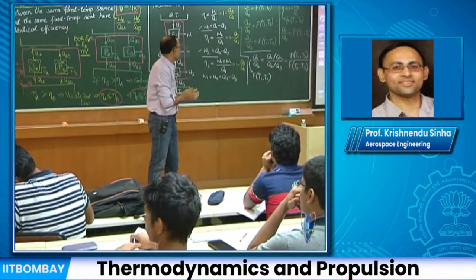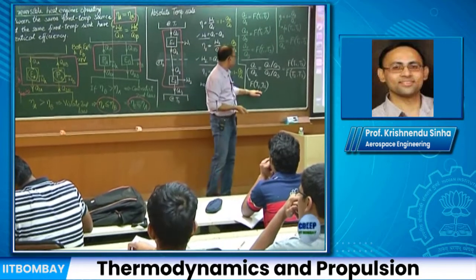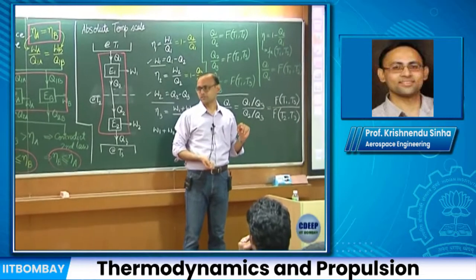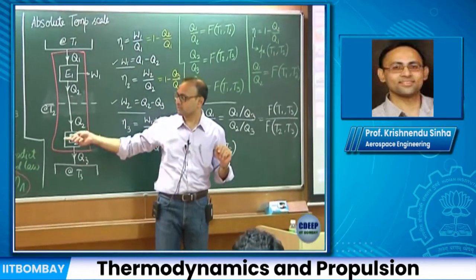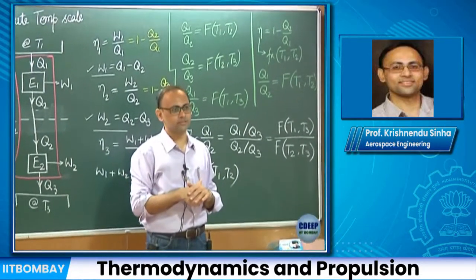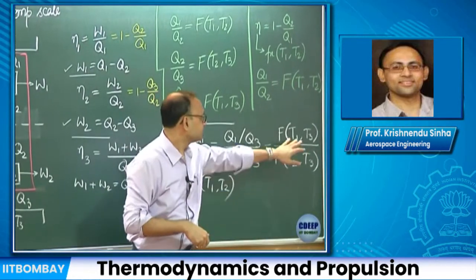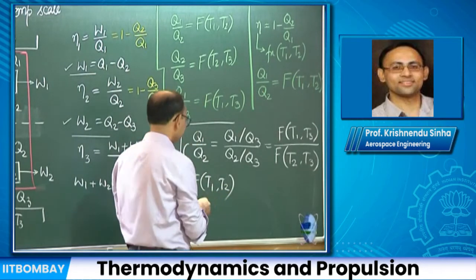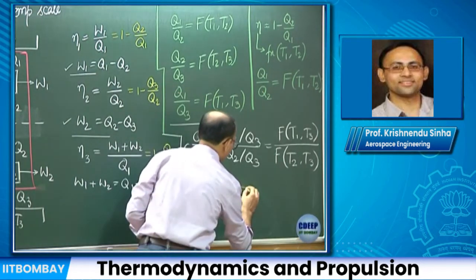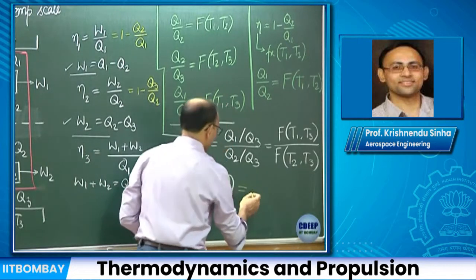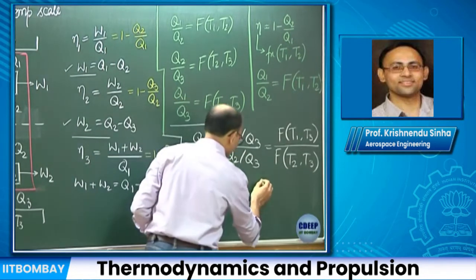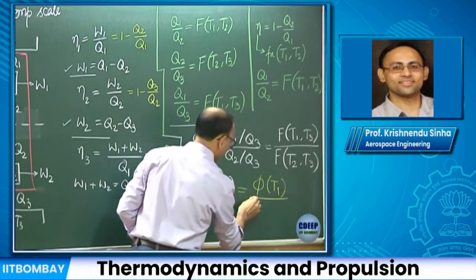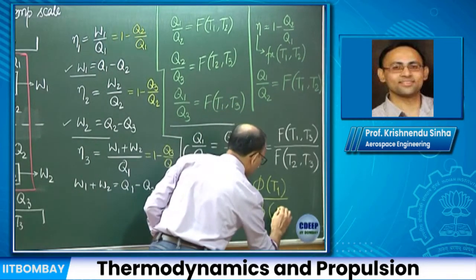Okay. So the argument here is that if the left hand side is independent of T3, the right hand side should also be independent of T3 for all these arguments and theorems and corollaries to be valid. So T3 should drop out. And that is possible if the f function is a ratio of two functions of this form.